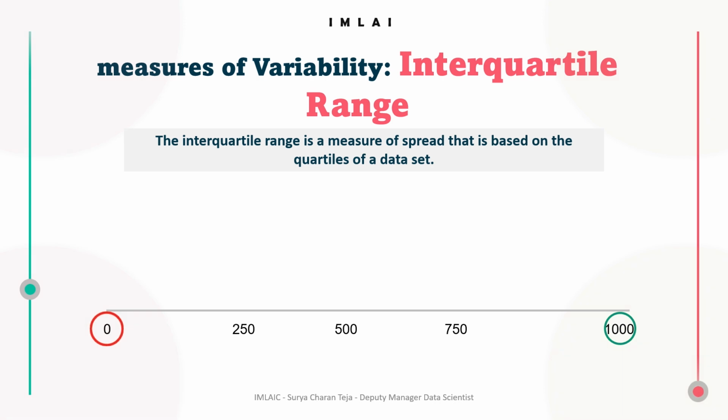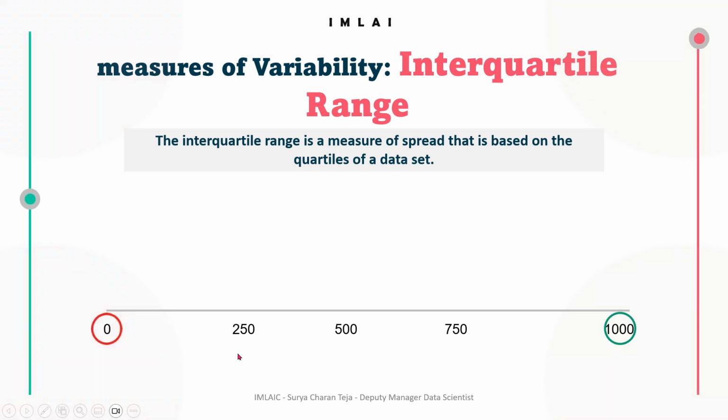Now what is a quartile? A quartile could be inside this range. It could be the 250th, 500th or 750th, whichever it may be, that marks one of the divisions. A quartile breaks a series of values into four equal parts.